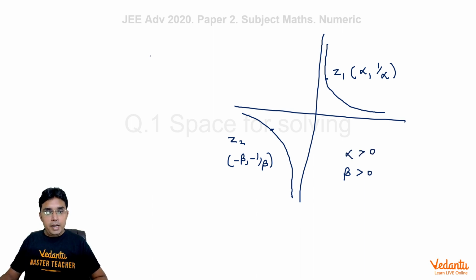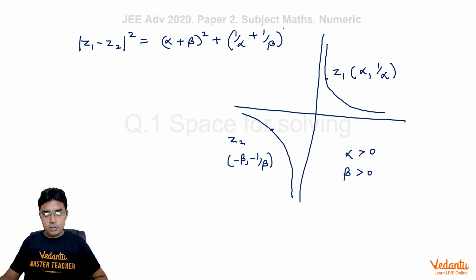Now to find this mod of z1 minus z2 whole square, we can write it as (alpha plus beta) whole square plus (1 upon alpha plus 1 upon beta) whole square. So this becomes equal to (alpha plus beta) whole square common into (1 plus 1 upon alpha square beta square).